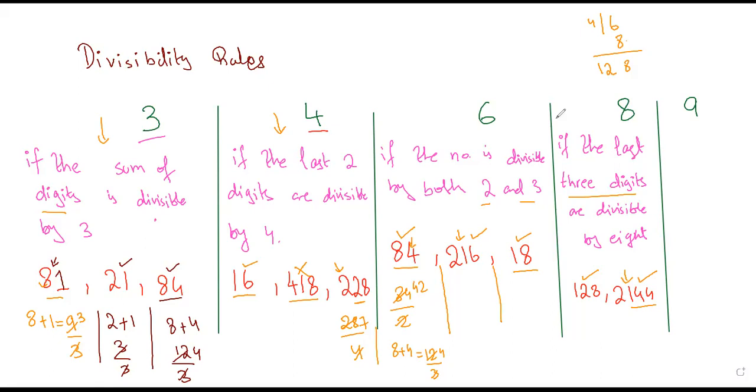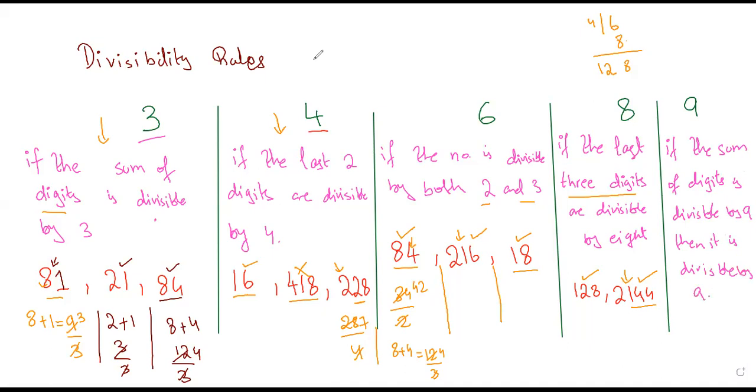Right. Okay, so let's talk about the ninth one. If the sum of digits is divisible by 9, then it is divisible by 9.